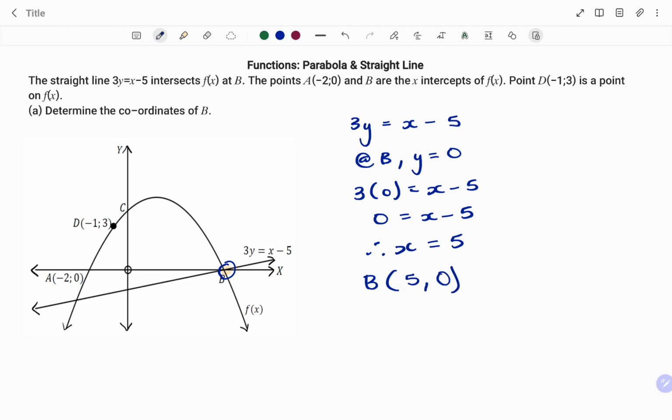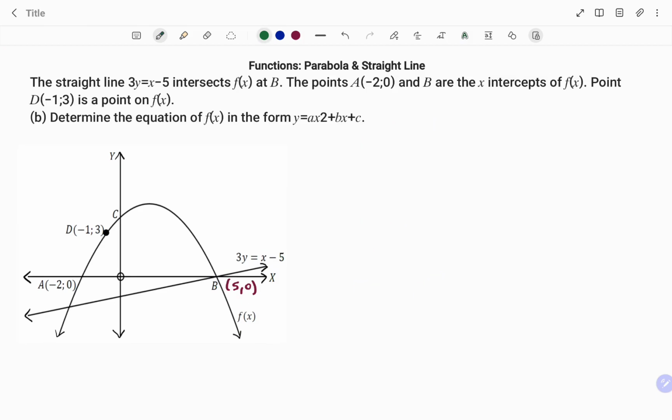Let's go to the second part of the question. The second part of the question says, determine the equation of f(x), that's the parabola, in the form y equals ax squared plus bx plus c. Because we've been given the equation as a quadratic equation, I'm going to use the x-intercept formula.